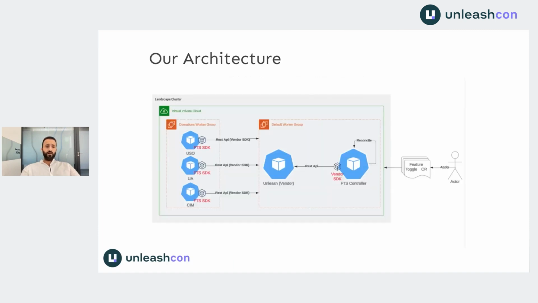Here you can see our own architecture. We work on a cloud native architecture, so we leverage the Kubernetes custom resources to manage our feature toggle. If someone is asking why, in our case it's a little bit complicated, and one of our requirements is to have evidence all the time of who created this toggle, which one, when, related to which use case, and all this stuff.